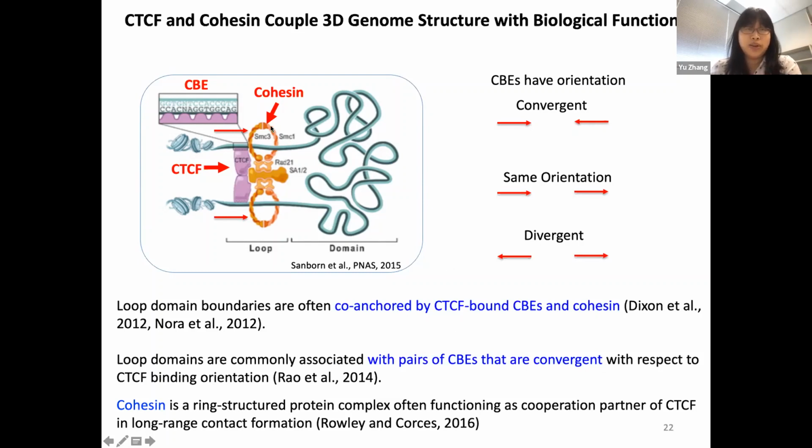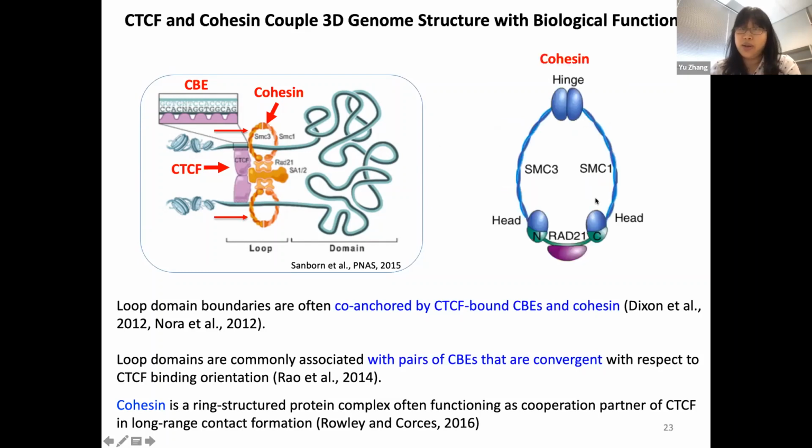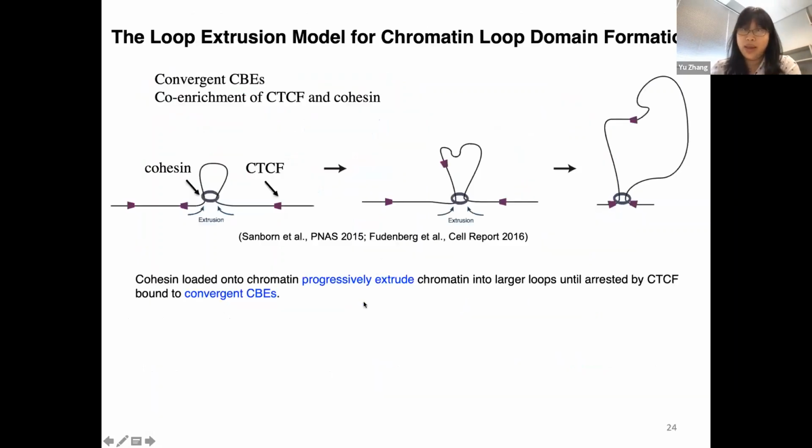Another important factor here is cohesin, which is a ring structure that has ATPase activity. Based on these observations together, a loop extrusion model was proposed for chromatin loop domain formation. In this model, cohesin loaded onto chromatin can progressively extrude chromatin into larger and larger loops until they're arrested by CTCF bound to convergent CBEs.